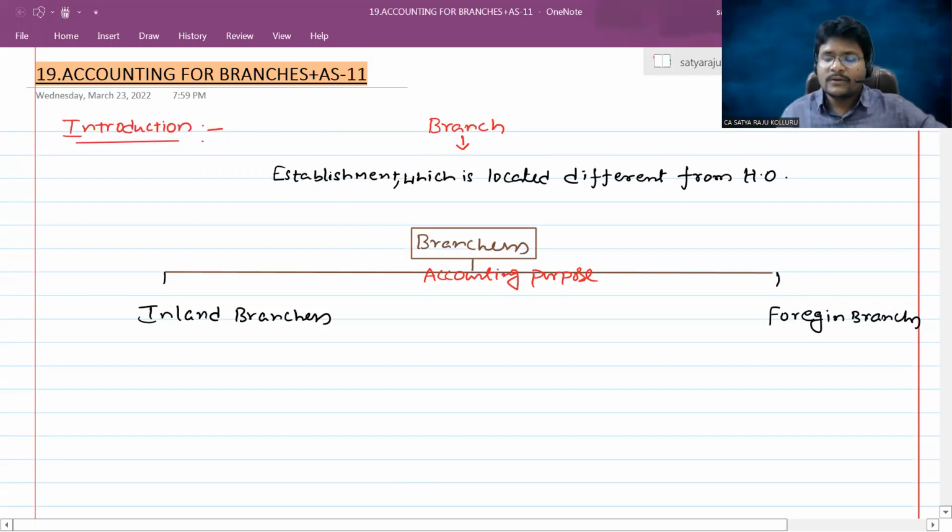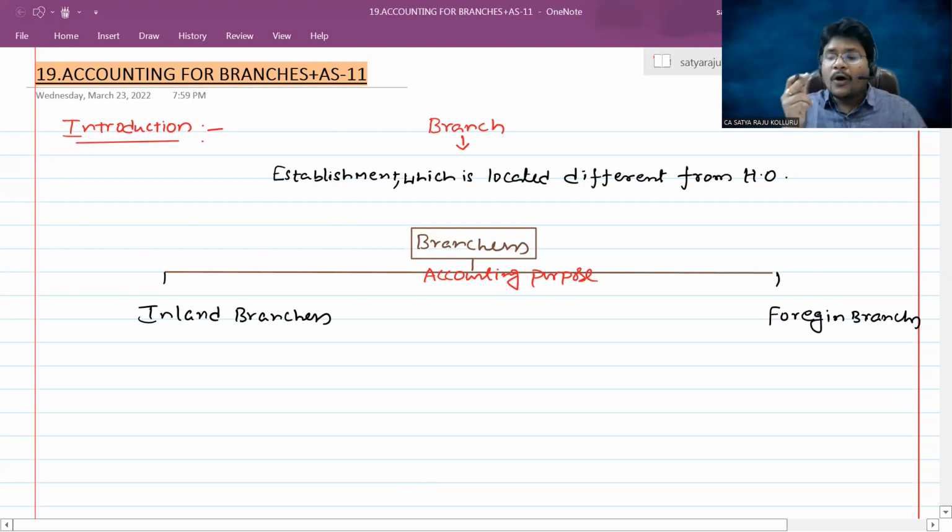Not only that, including all the branches along with the head office, we try to know through this chapter the performance of that entire entity, as well as its financial position.